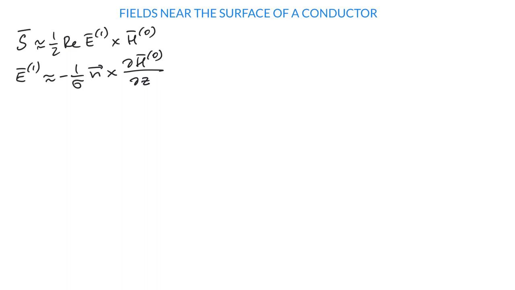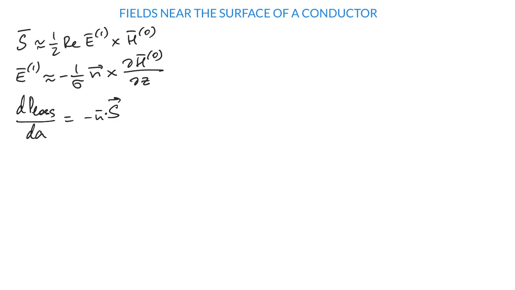The electric field is also tangential because of the cross with N in the expression for first order E. And we also know that the power loss per unit area is given by the projection of the Poynting vector onto the surface normal.